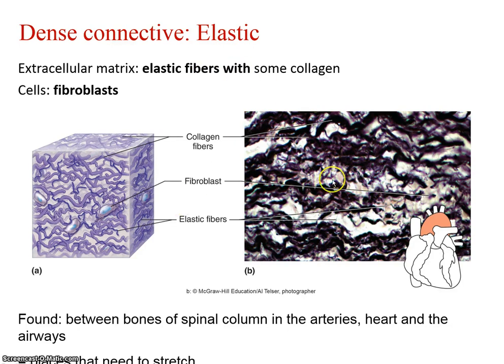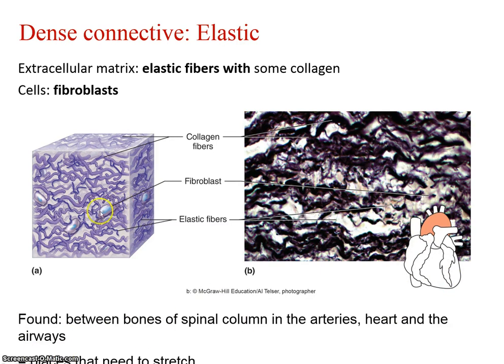What you're looking at here, the fibroblasts make them, and again, there are not many fibroblasts in here, but we have this kind of squiggly looking stuff, interspersed with thinner elastin. So, again, collagen and elastin. They're found between bones in the spinal column, in the arteries, in the heart itself, and in your respiratory airways.